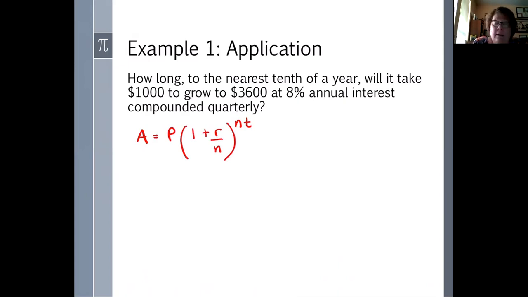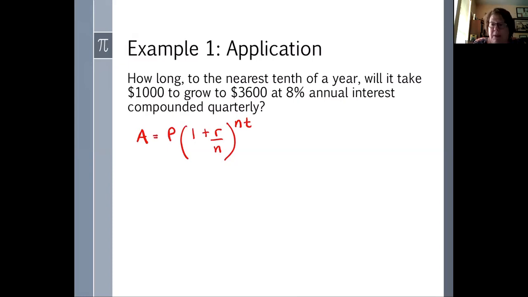And in that early section, section 4.1, we had all the information that we needed except A. We knew what principal we were investing, we knew the rate, we knew the number of compounding periods, we knew the time in years that we were investing. Now, we don't know what the time is, so we're going to be solving for t.